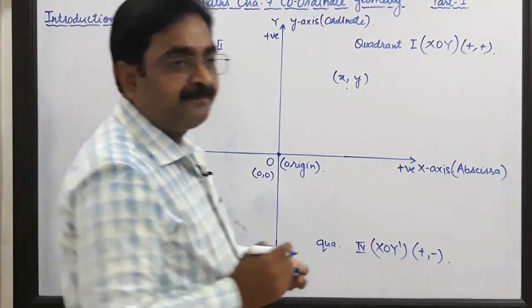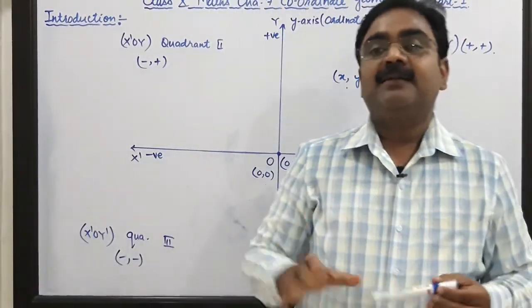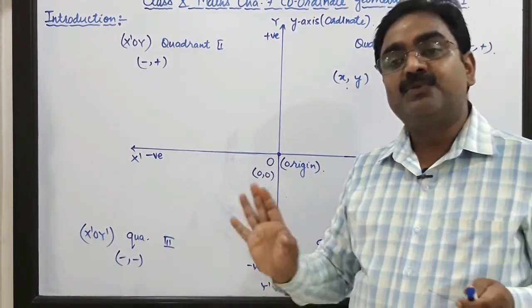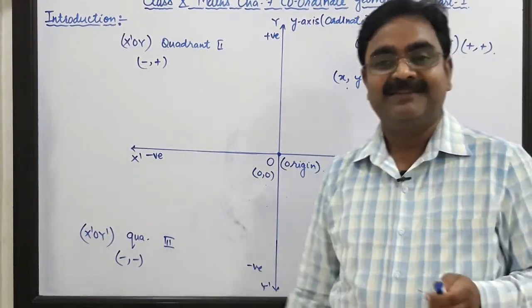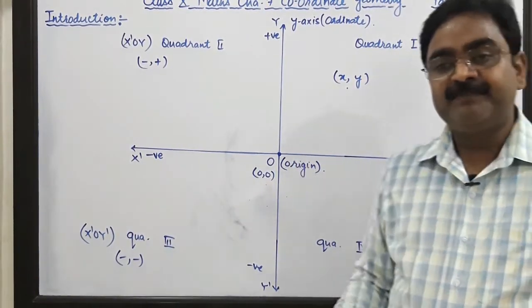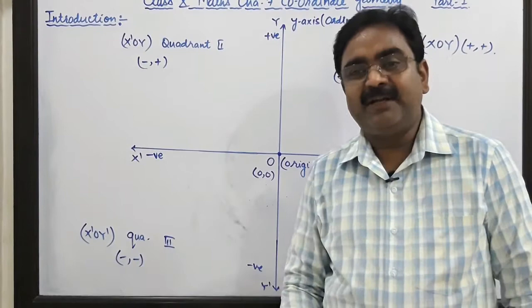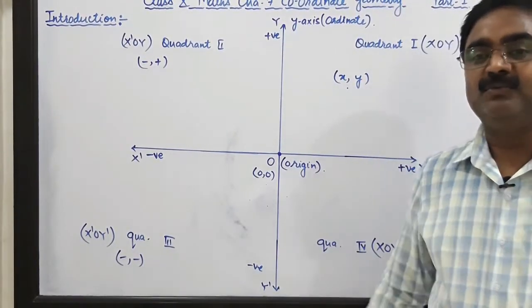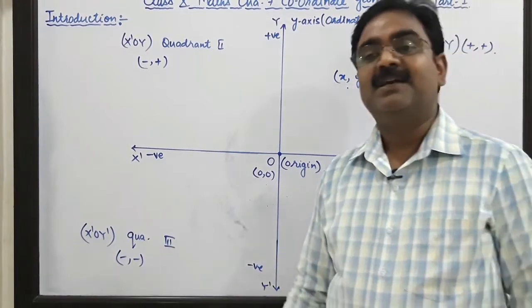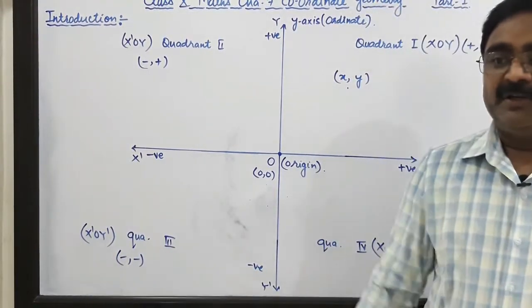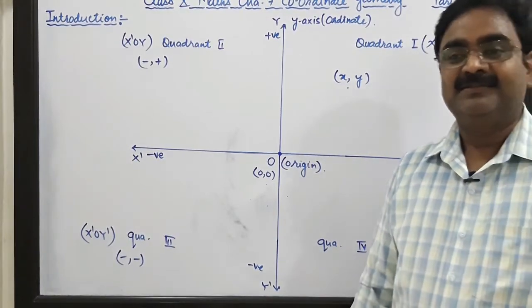So children, keep in mind that whatever we have revised till now, you have read in class 9th. In your earlier classes you have studied these things and you know them very well, but it was important to revise once, as we are going to study the coordinate geometry of class 10th.